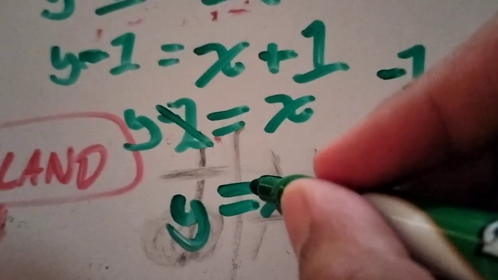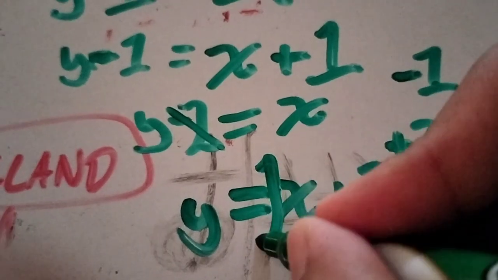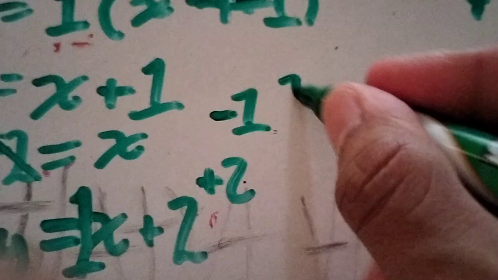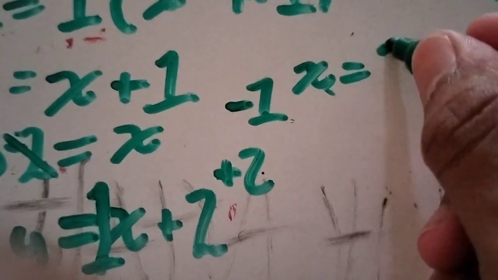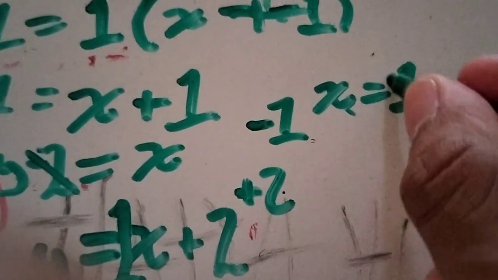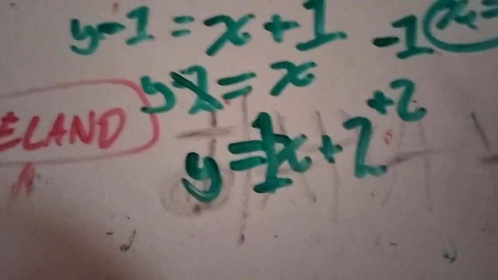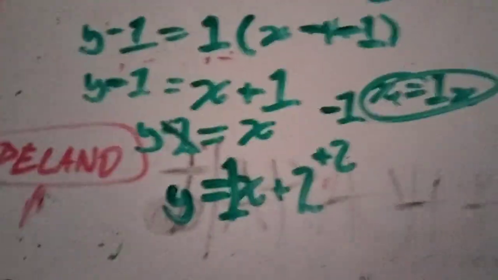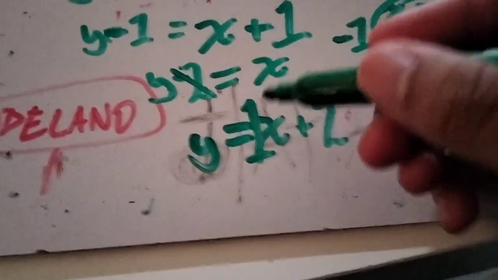Now in here there's kind of an invisible 1 because x always equals 1x, always. Sometimes you just don't include it for simplification.